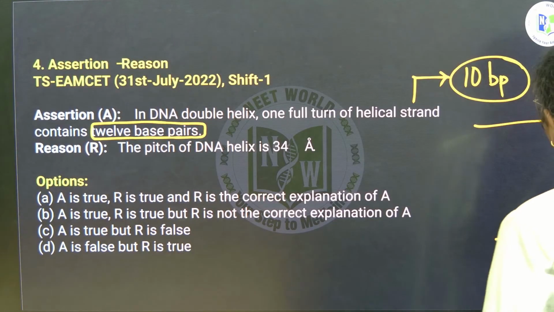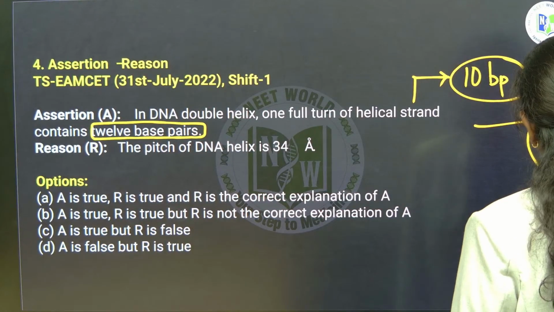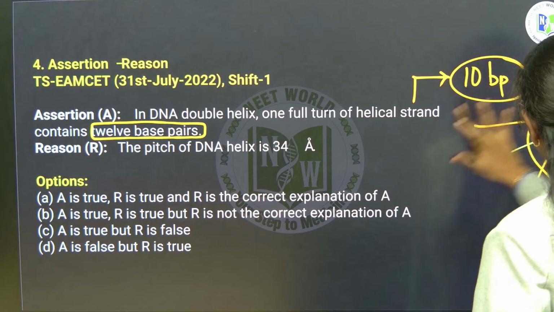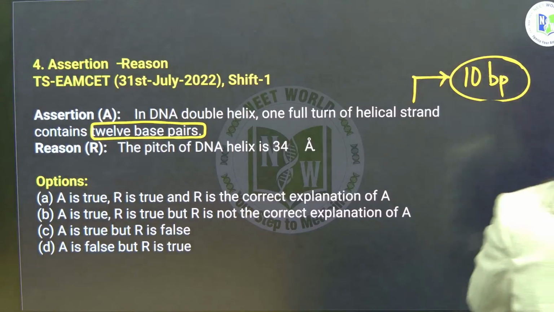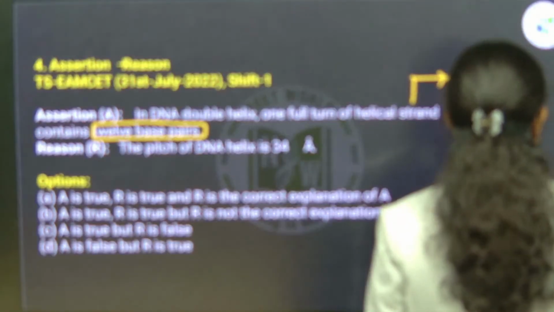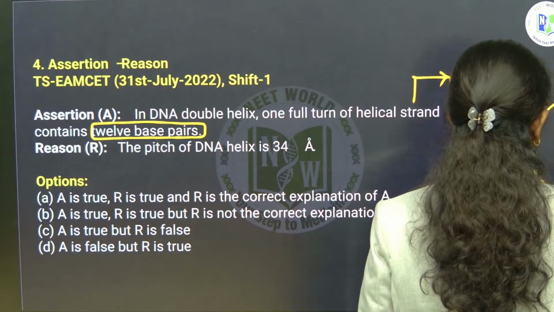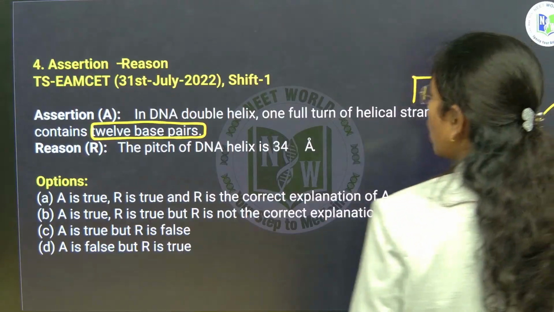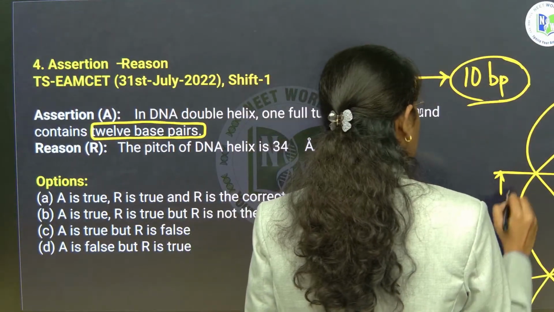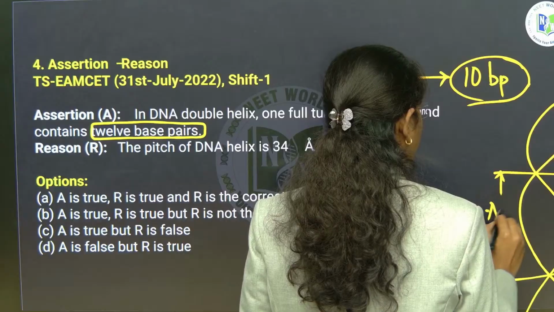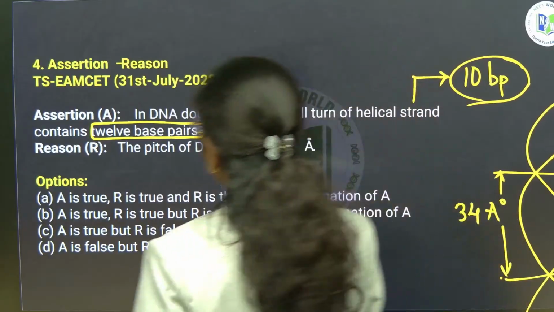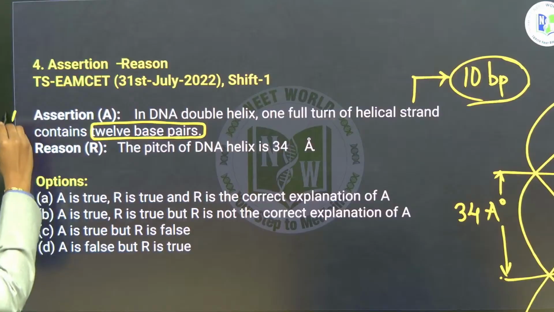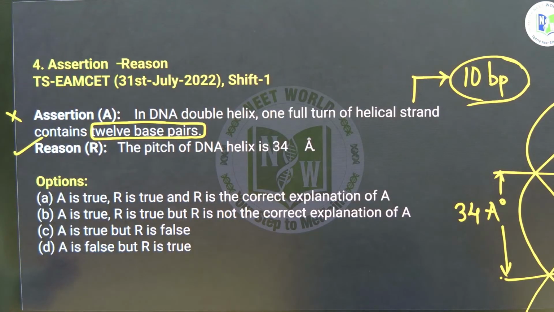Pitch is one complete turn of the helix, from here to here, that is one pitch with 34 angstroms length of DNA. So, assertion is wrong, but reason is true. A is false and R is true. Option D is the right answer. Clear, right? Any doubt anywhere?